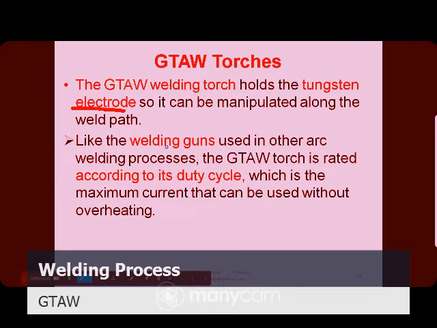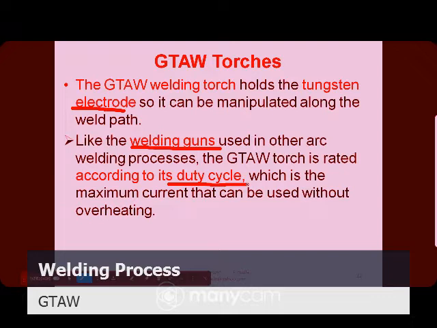So like in gas metal arc welding we use the welding gun, here also in gas tungsten arc welding we are using the gas tungsten arc welding torches, as welding guns are used in the other welding processes. The gas tungsten arc welding torch is rated according to its duty cycle.